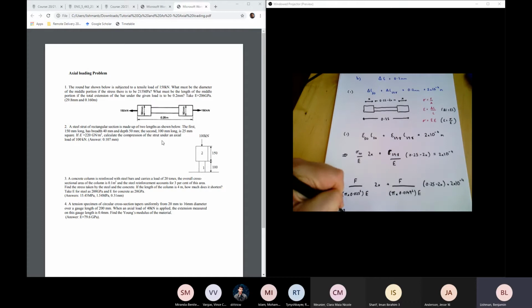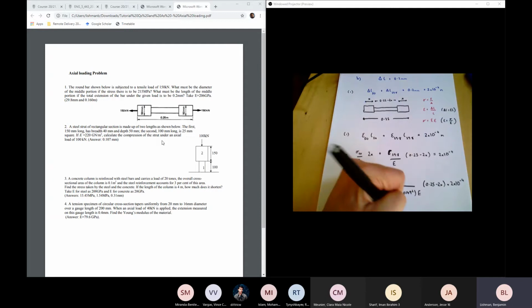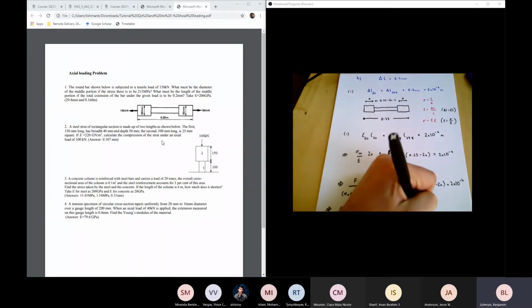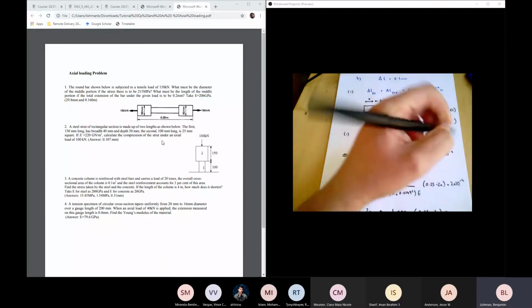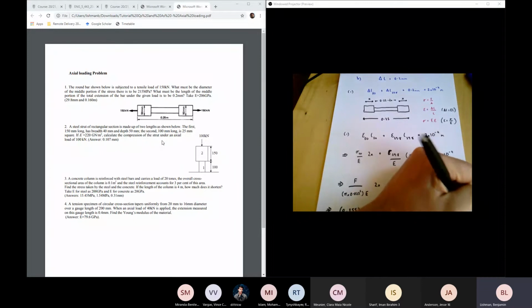So this comes out as 0.355 times 2x plus 1.000 multiplied by 0.25 minus 2x equals 2 times 10 to the minus 4.